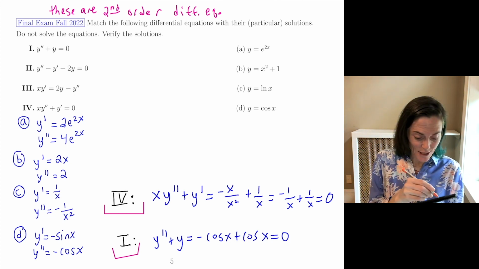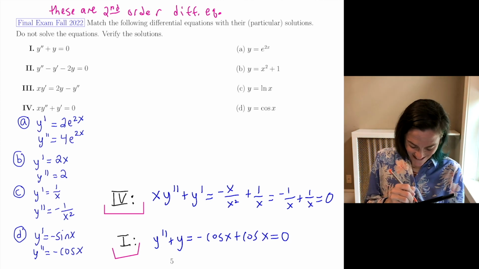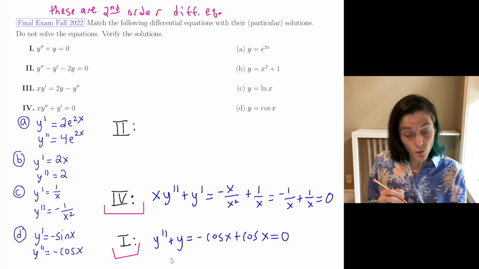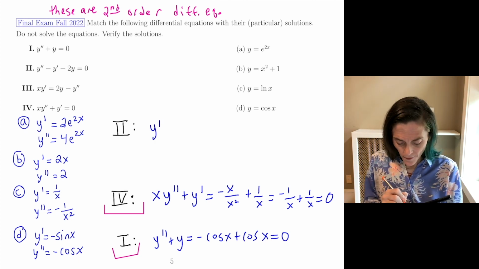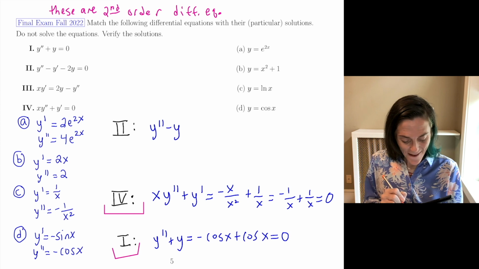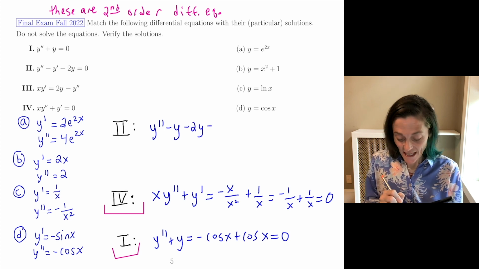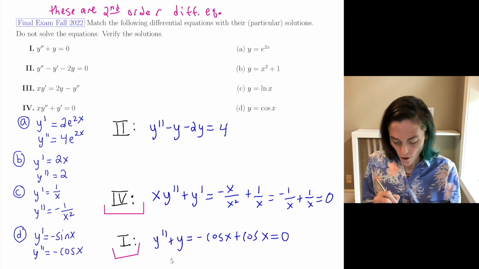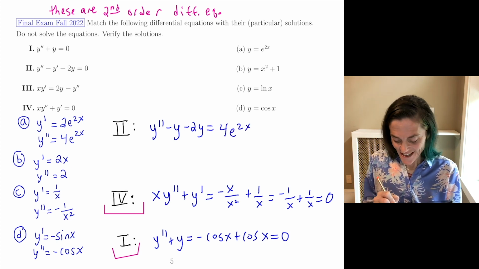All right, I see 2 here. This is a fun problem, but definitely takes some thought. Well, in 2, we need y double prime minus y prime minus 2y, and this should equal 0. Y double prime, you see, is 4 e to the 2x.